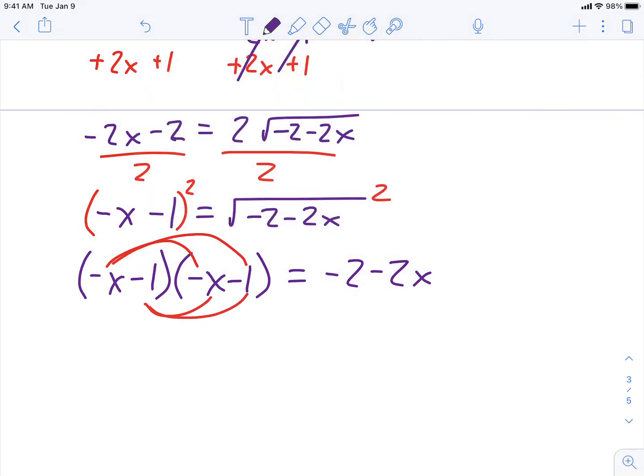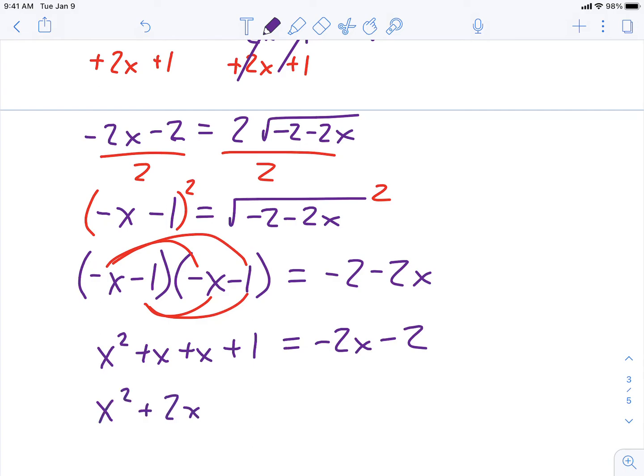And that is going to be x squared plus x plus x plus 1. I'm going to rearrange this into standard form, -2x minus 2. Okay, combine some like terms. We get x squared plus 2x plus 1 equals -2x minus 2.